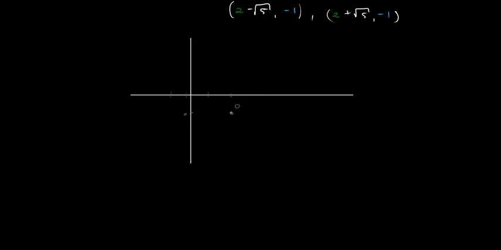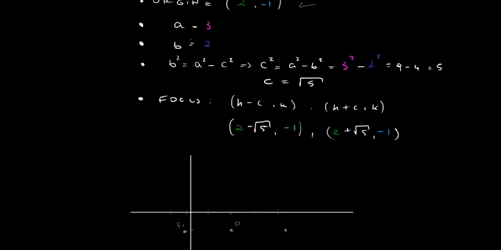So here is one of the focus points, and the other one is in 2 plus square root of 5, that is 4.2 and -1.